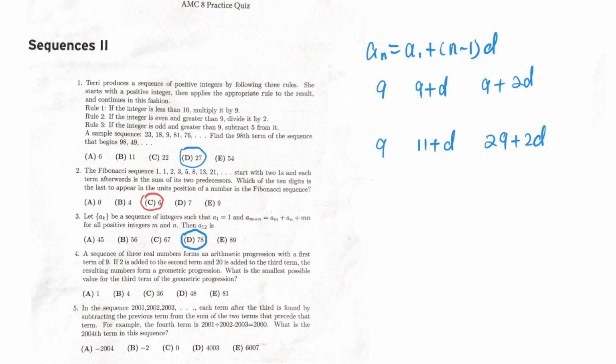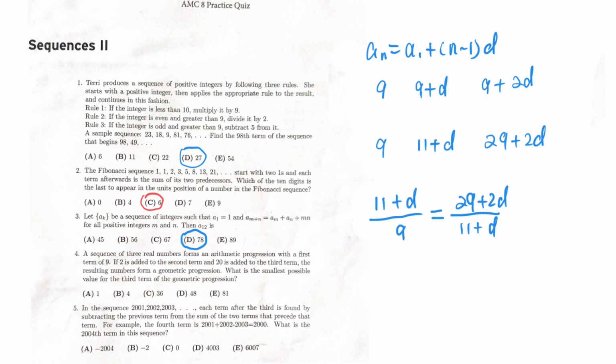We know a geometric sequence has a common ratio, so we use 11 plus D divided by 9 as the ratio. It equals 29 plus 2D divided by 11 plus D. That's the common ratio, the second term over the first term, or the third term over the second term.